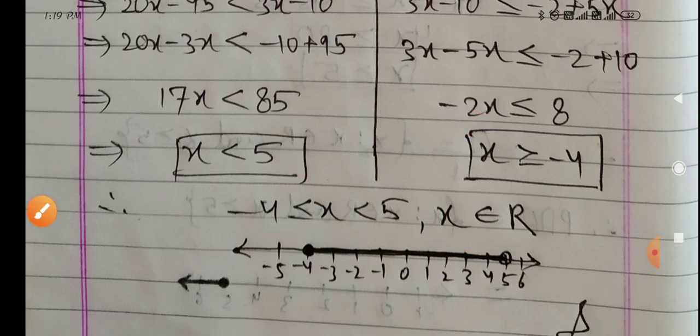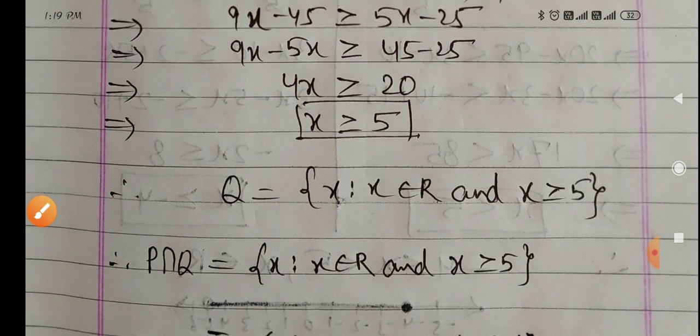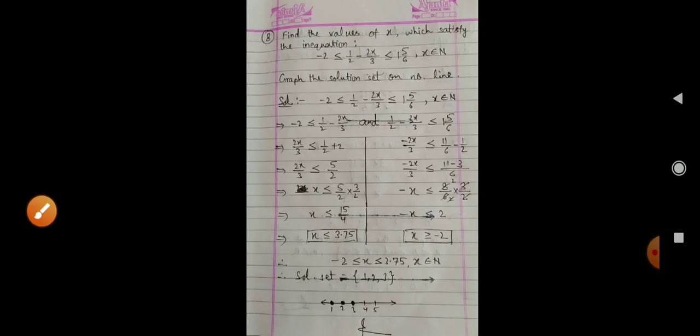Now you make the number line from minus 4 to less than 5. At minus 4 a dark circle, at 5 a hollow circle, and the middle portion you make fully dark. So like this, students, you can solve all the questions of exercise 4B.